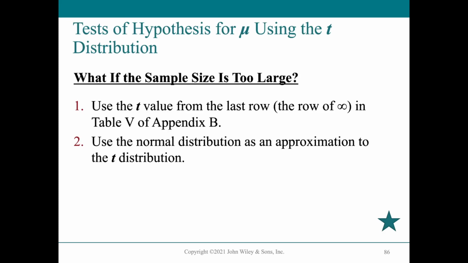If it's too large, we can use the last row, which is signified by infinity, or we can just use the normal distribution to approximate the t-distribution because, as stated before, as the sample size becomes larger, approaching infinity, the t-distribution approximates the normal. It becomes very close in shape to the normal distribution curve. So at very large sample sizes, hundreds or thousands, we can just use the normal distribution instead.